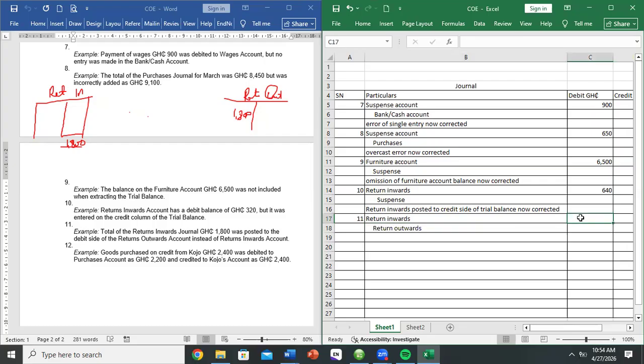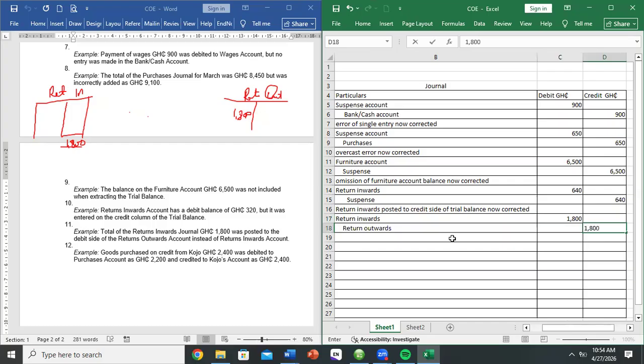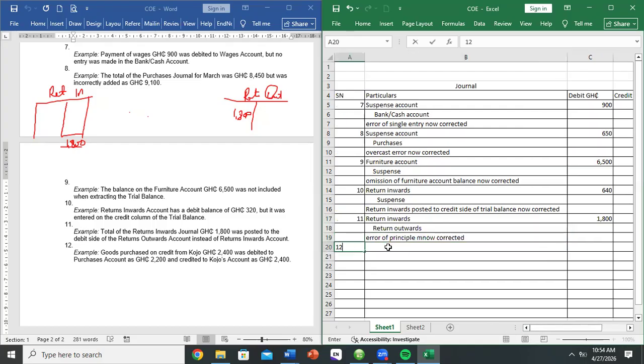So the value is 1,800. The narration will be an error of principle. Now correct. Then we'll go to 12.